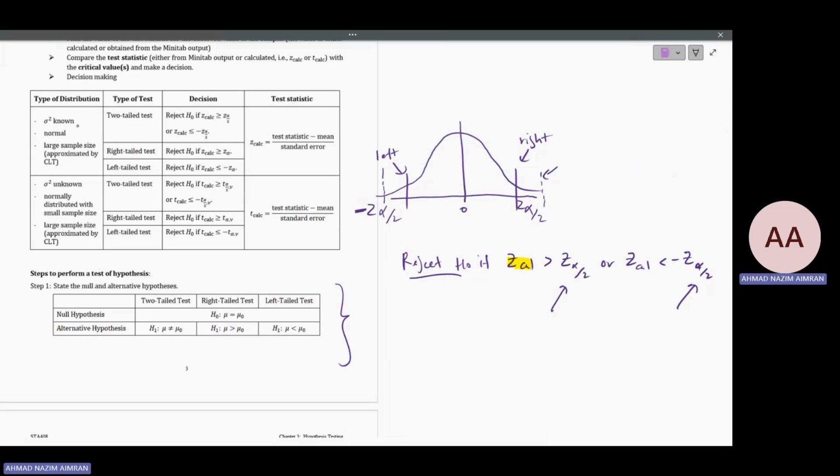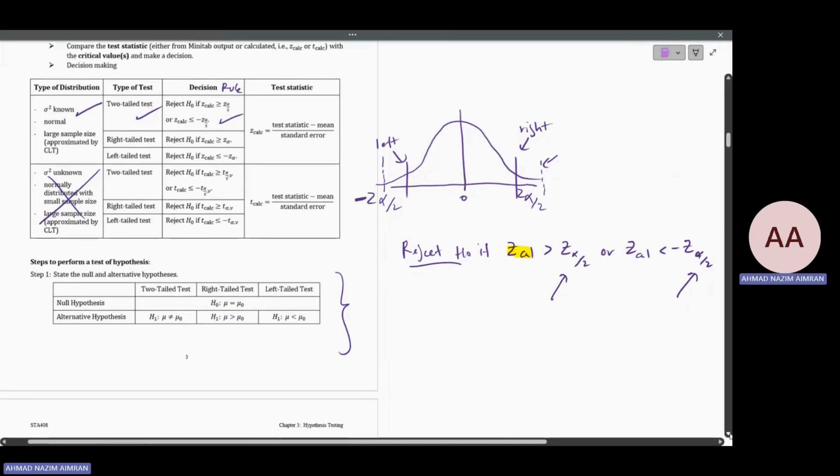We are doing a test for the case when the standard deviation or variance of the population is known. So cancel all of this, and we are currently doing a two-tailed test, right? This is the decision rule that we need to use for our study right now.